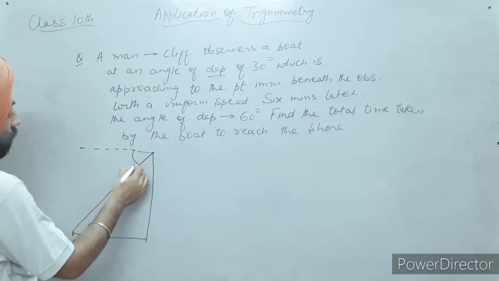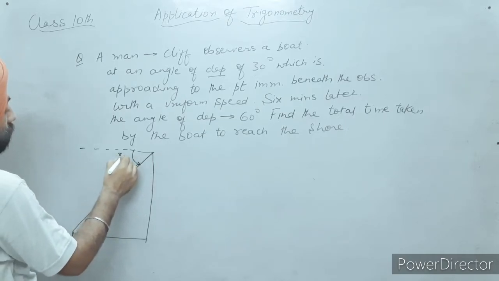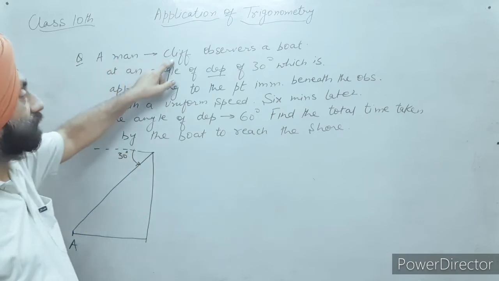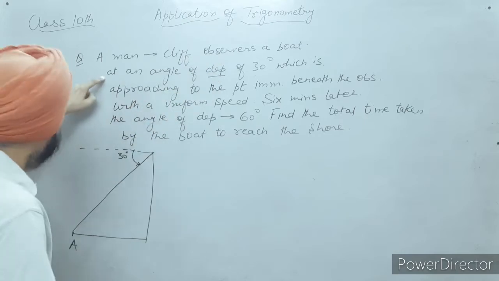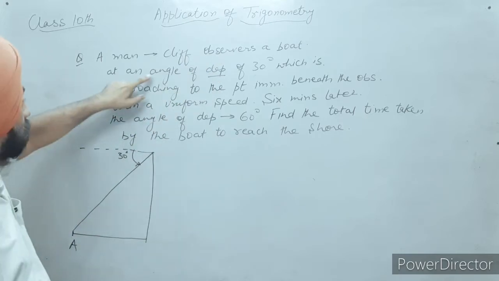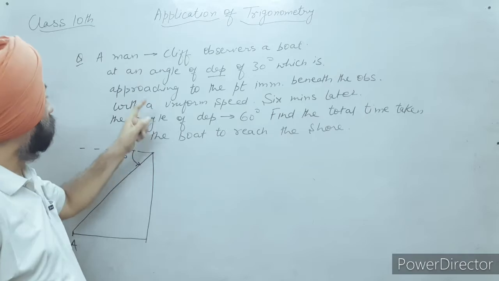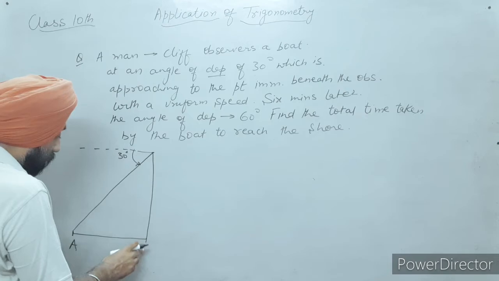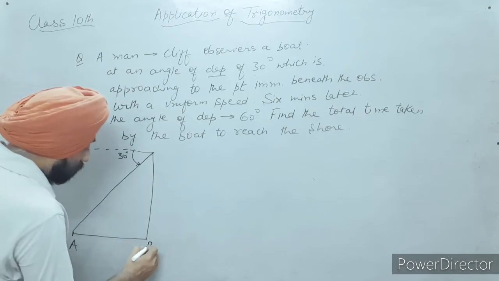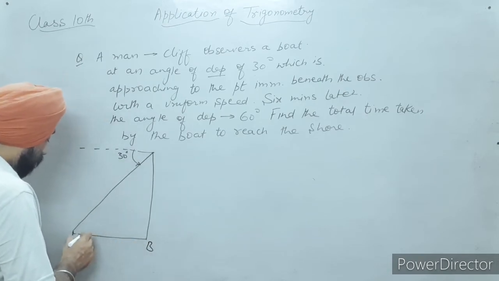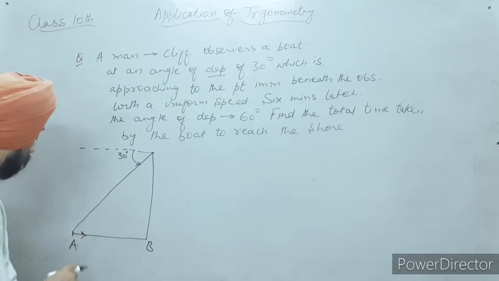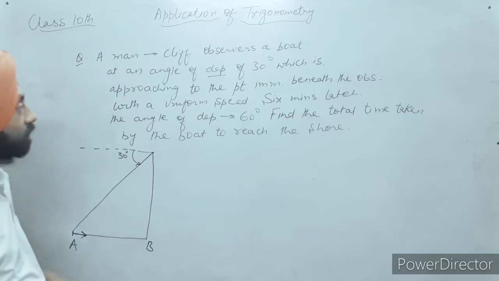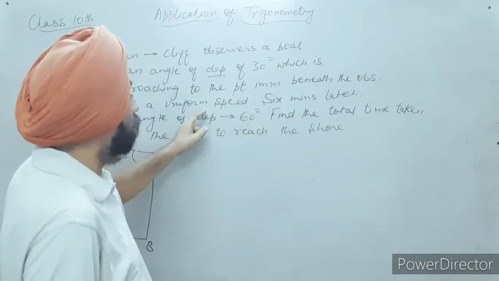This is the angle of depression, that is 30 degrees. This is a boat, which is approaching towards a point immediately beneath the observer, like it is approaching point B. It is moving in this direction towards B with a uniform speed.